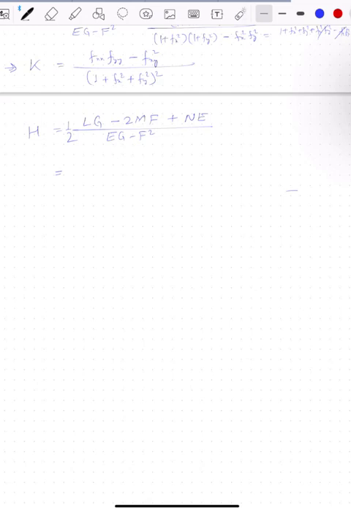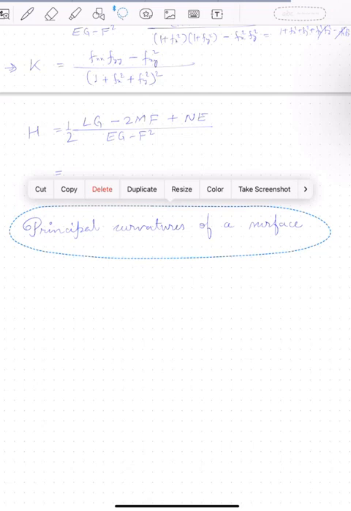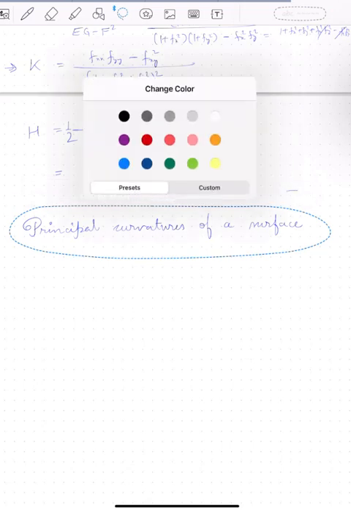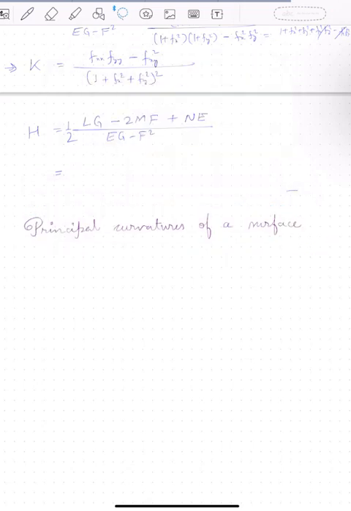Okay. So now the idea is I will talk about the principal curvatures of a surface. Right?